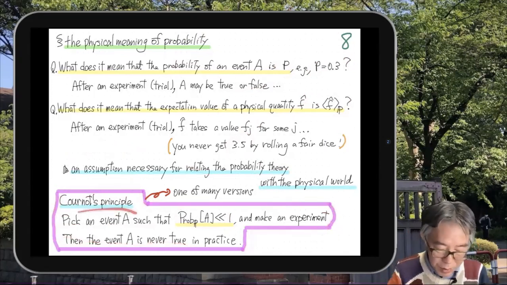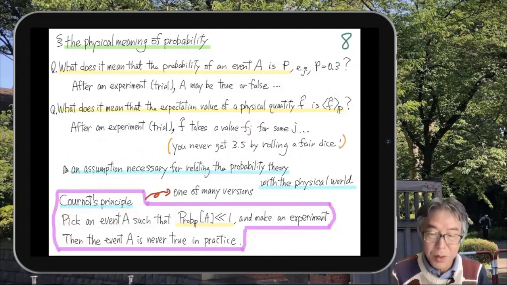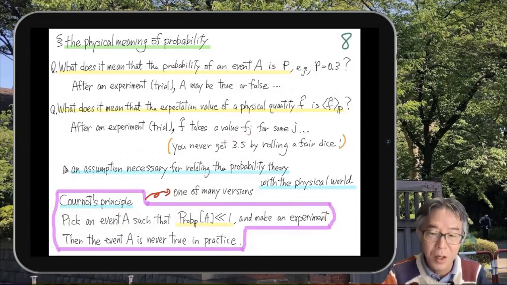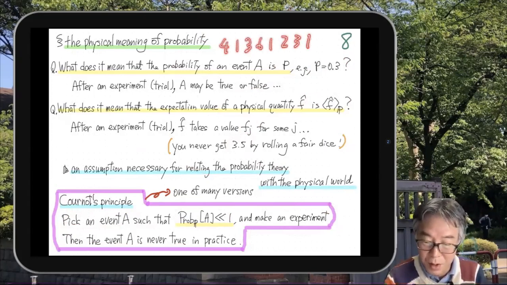But be careful about this order, right? For example, you can just start throwing a fair dice to get 8 numbers. I don't know what, but you get these numbers. These are 8 numbers, and you ask, what is the probability of getting this sequence?